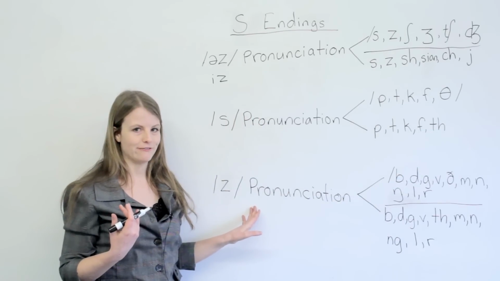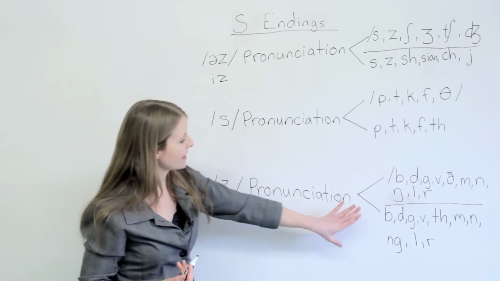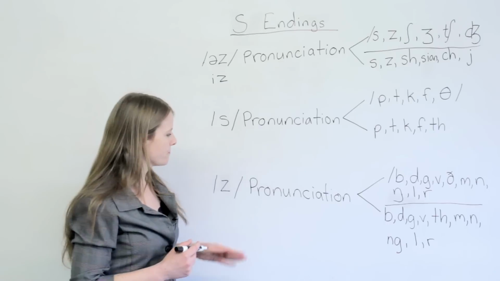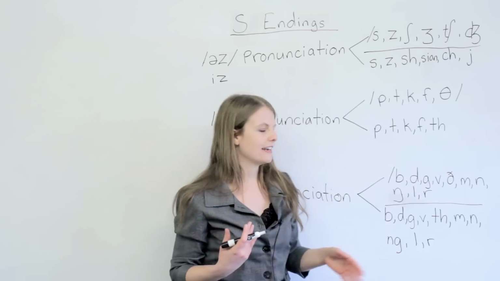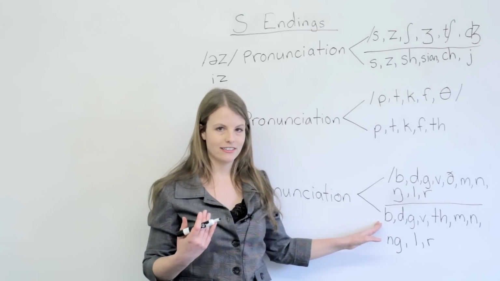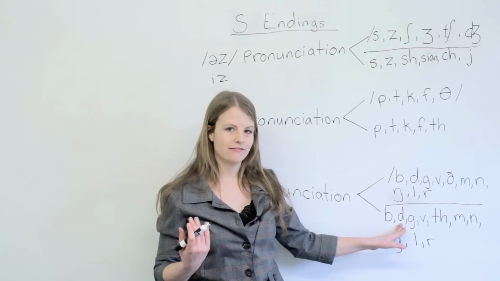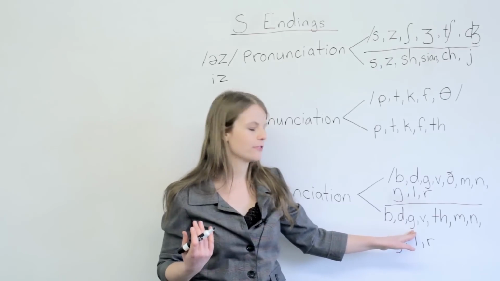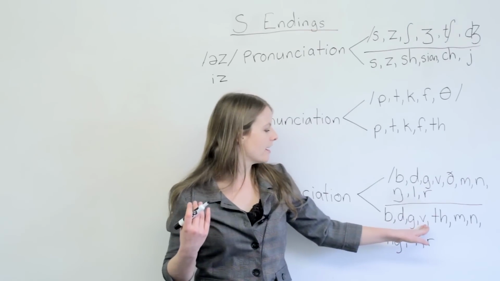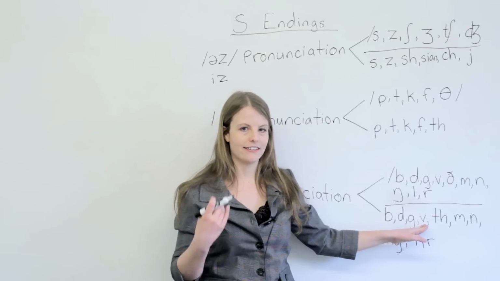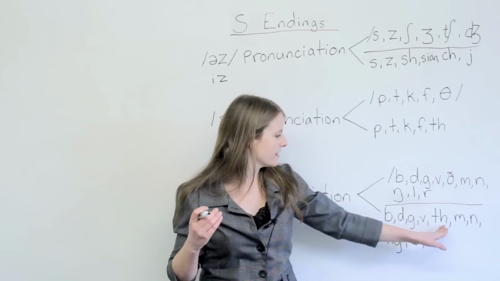Finally, Z pronunciation. So when do we use Z pronunciation? So this is actually a longer list than the other 2. We use Z pronunciation when the word ends in a B sound, a D sound, a G sound, remember the example, dog, dogs, a V sound, love, ends in a V sound, so loves, it has a Z sound.